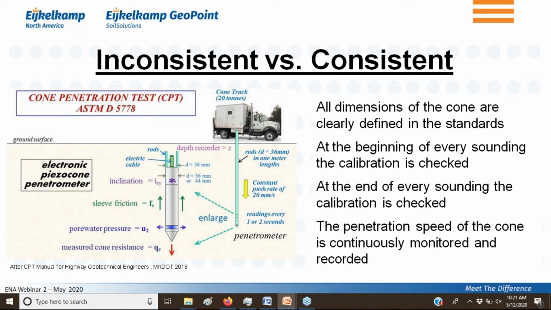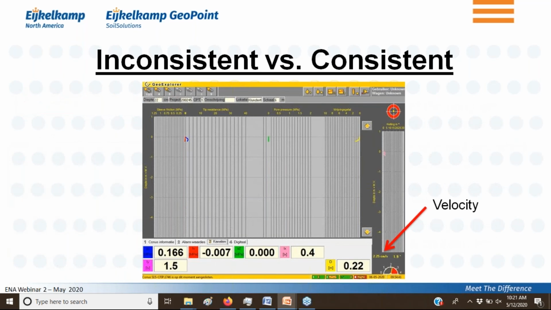And then finally, as I mentioned already before, that penetration speed is not only defined, it's also continuously monitored and recorded. And what you see here on the screen is a control panel of the GeoPoint data acquisition system for CPT, and it's kind of hidden on the bottom right-hand side.